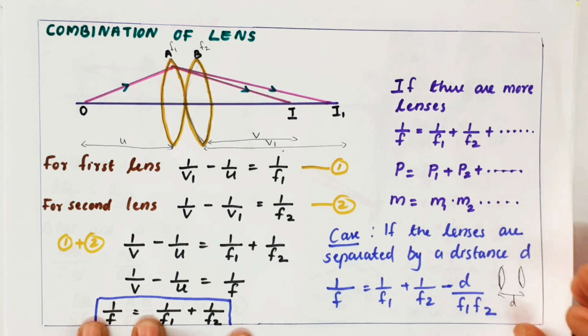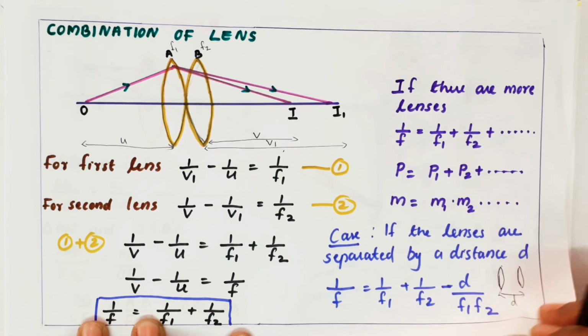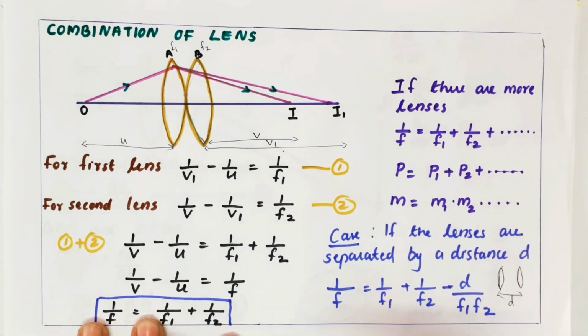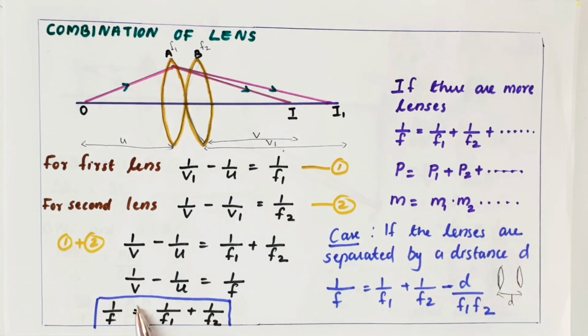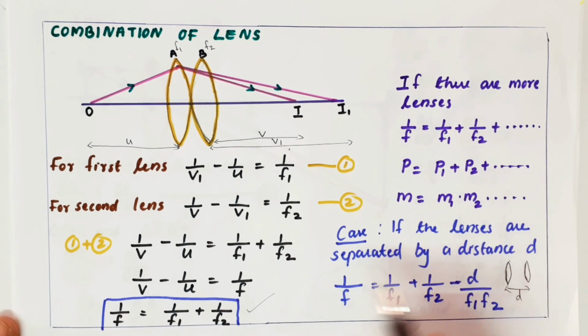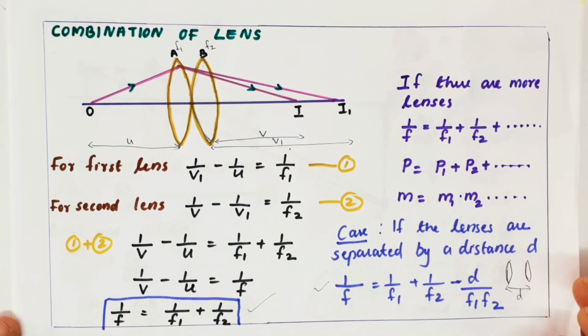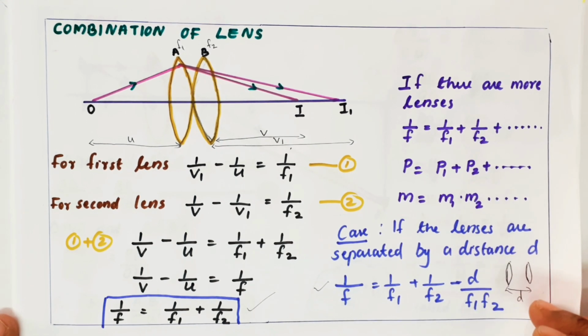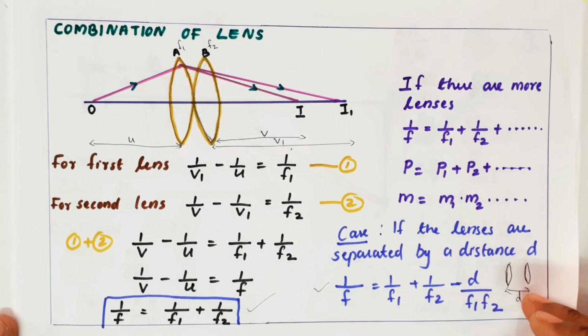This is the equation for focal length when the lenses are separated by a distance d. This is important. If they don't have any separation, use the combination equation; if they have separation, you use 1 by f equals 1 by f1 plus 1 by f2 minus d by f1 f2. Understood?